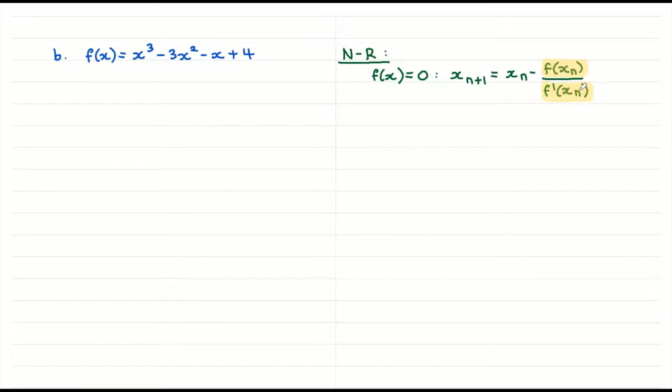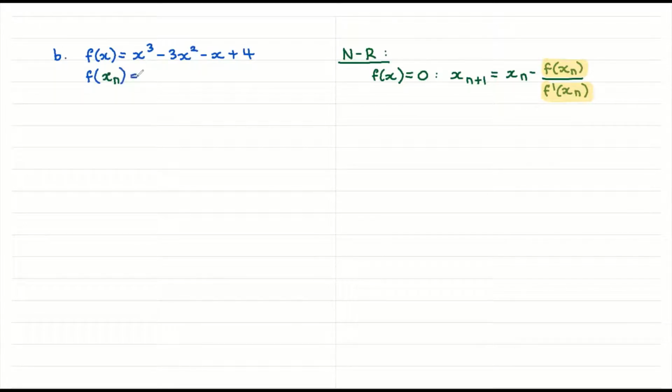What we'll need to do is just write down what f of xn would be. So we just put the subscript in. f of xn is just replacing x with a subscript n for the iterative formula. So that's your input.